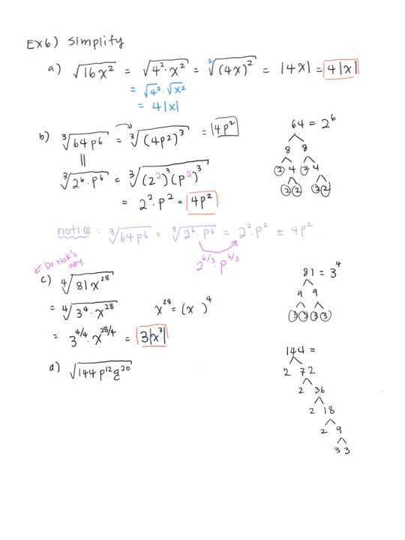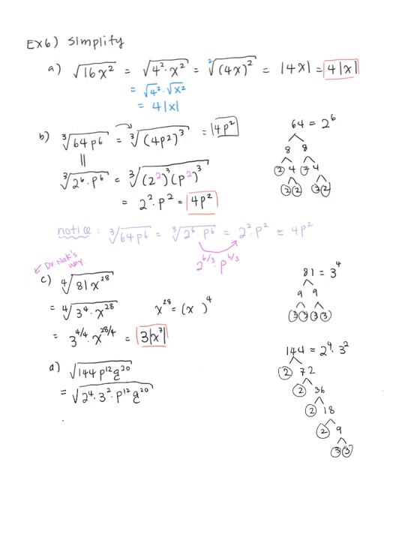Let me write this as 2 to the, well, how many 2's? 1, 2, 3, 4. 2 to the 4th times 3 to the 2nd power. So this is the same thing as the square root of 2 to the 4th times 3 squared times p to the 12th power times q to the 20th.